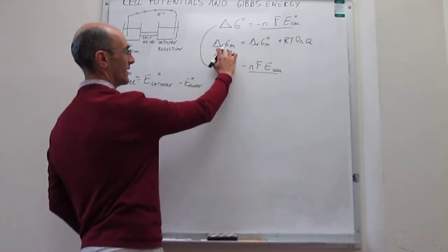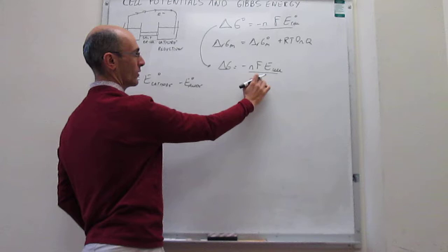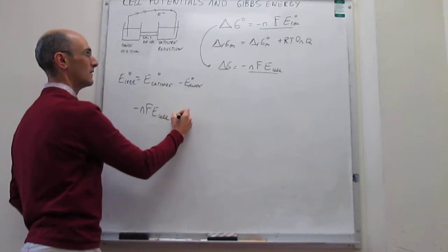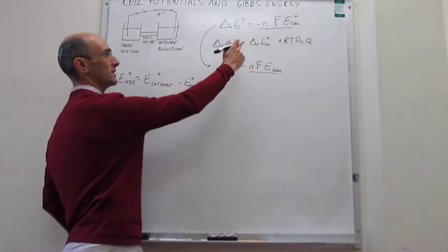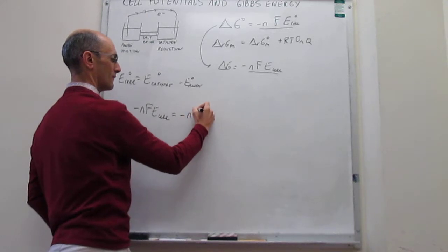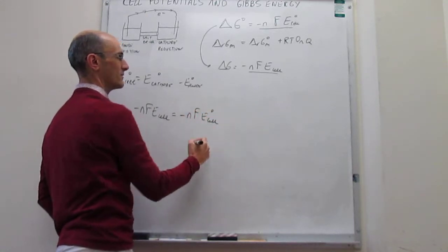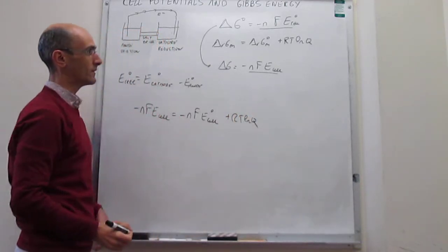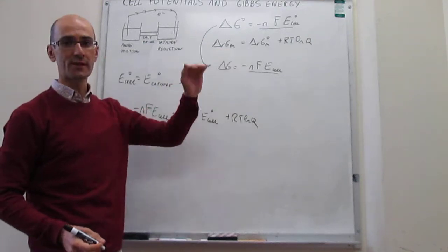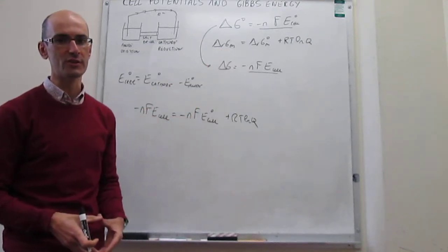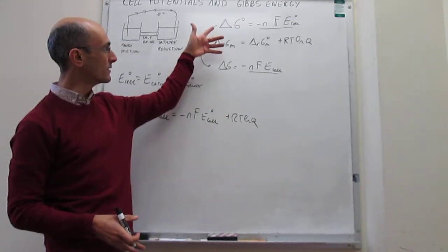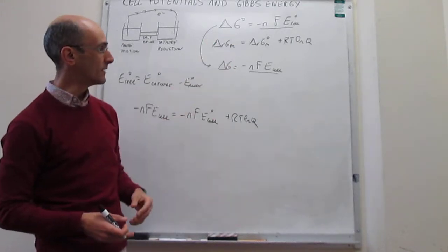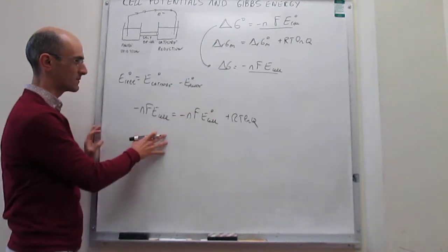We take that expression and replace the Gibbs energy with minus NF E cell, and the Gibbs energy at the standard state with minus NF E cell at the standard state, plus RT natural log of Q. The only thing we've done is take the universal expression for how the Gibbs energy of a reaction changes with concentration, and replace the terms with what we have seen in electrochemistry that depends on the cell potentials.